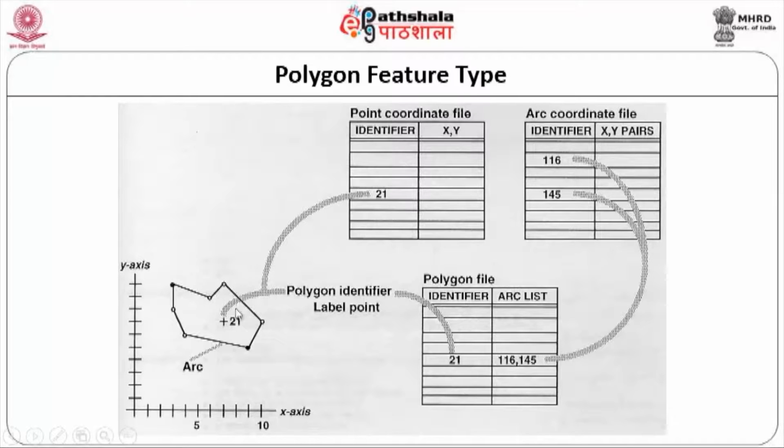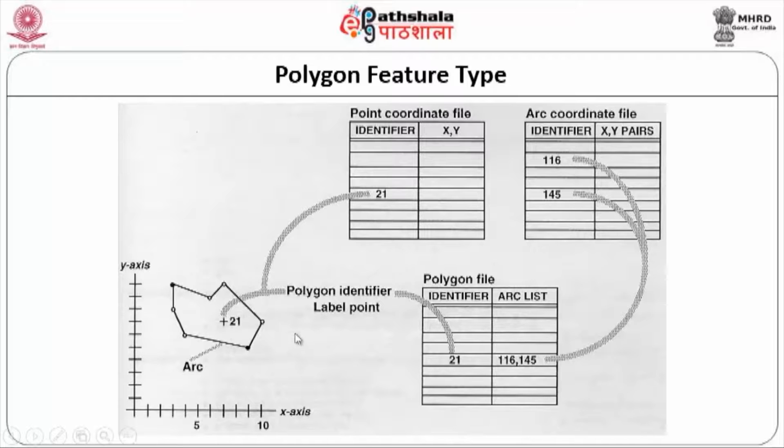One polygon 21, you have various vertices, and I have another polygon 116 somewhere here, and 145 somewhere here. So what will the system do? It will say that for this particular polygon ID 21, it is sharing the list of other arcs, namely 116 and 145. 116 may be here, 145 may be here, and it will share their values.